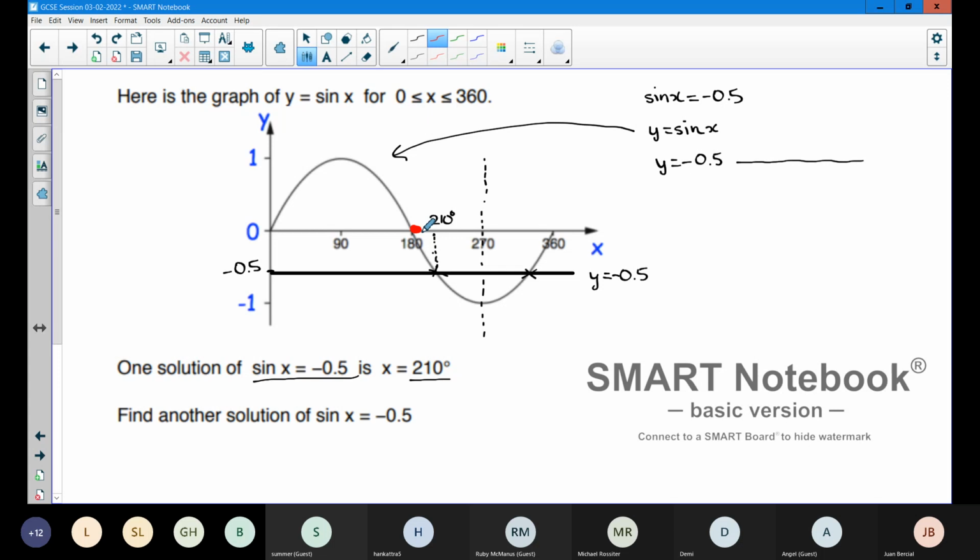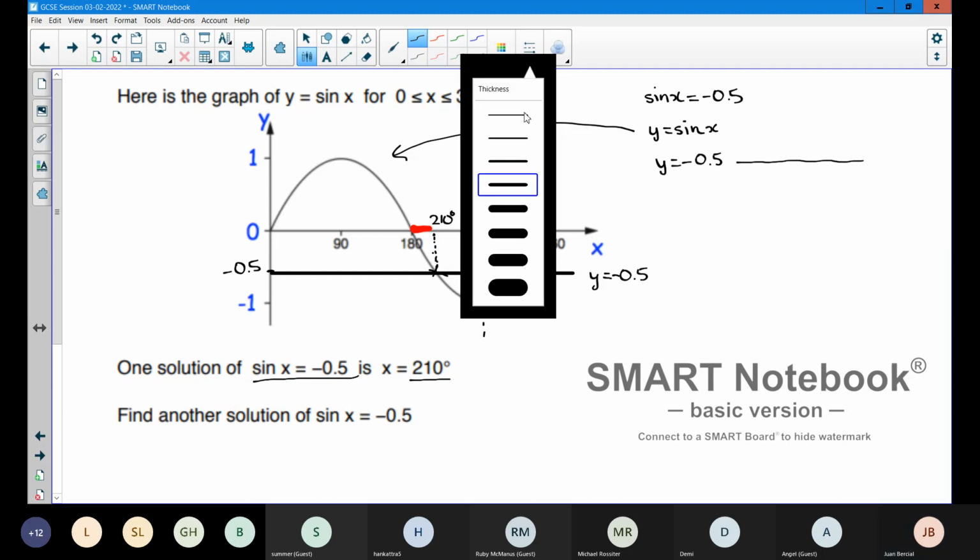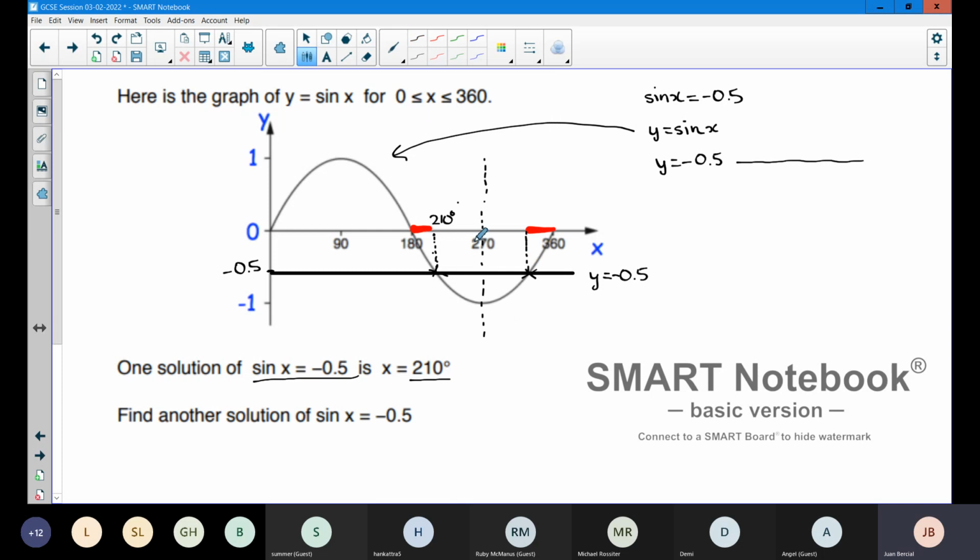So that length in there is going to be the same as that length over there, which corresponds to this point here. So of course, 210 is 180 plus 30. So that means that this length is 30. Of course, if this length is 30, that length is 30.